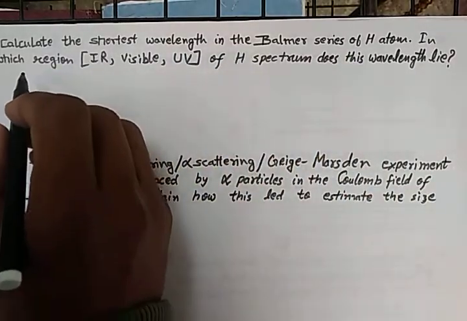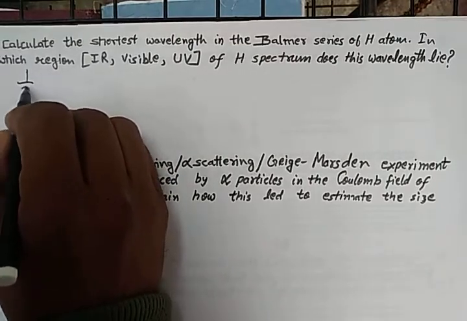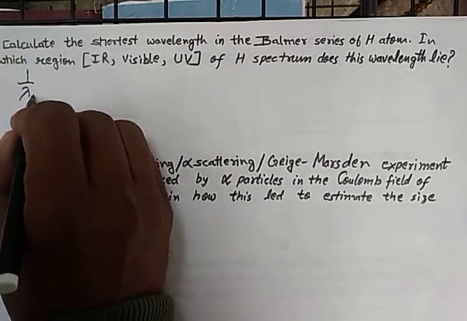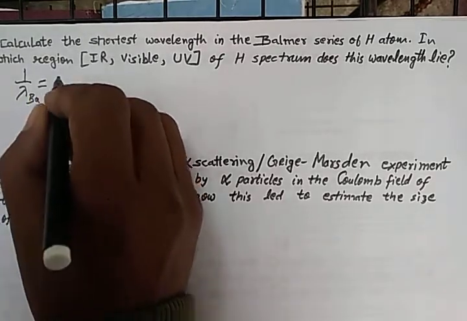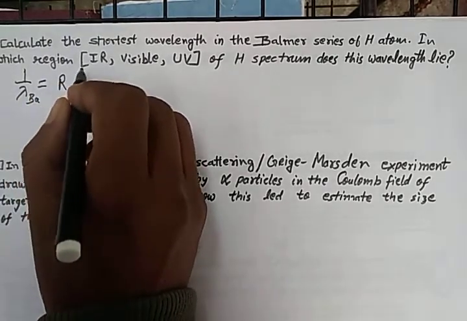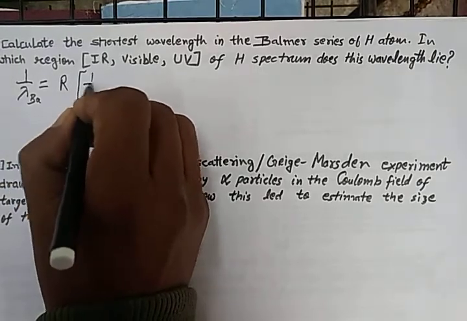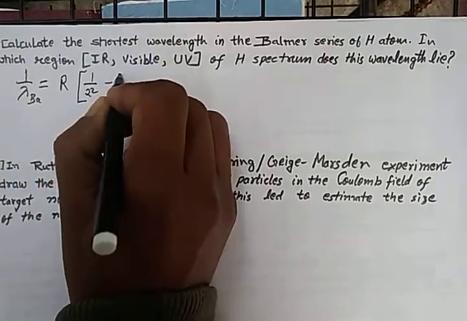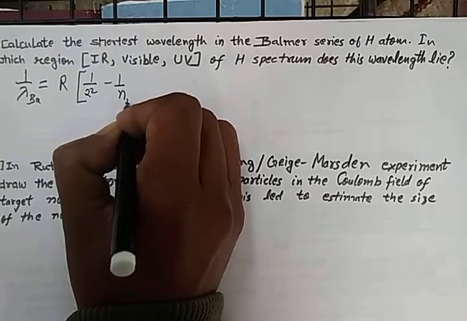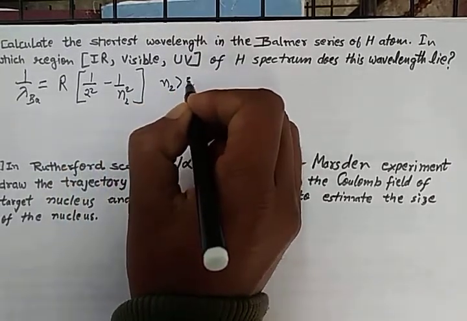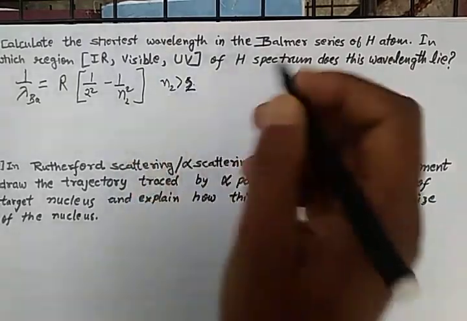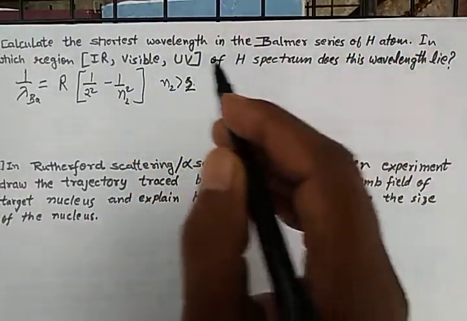So we know that for the Balmer series the formula is 1 upon lambda Balmer equal to R, where R is the Rydberg constant, times 1 upon 2 square minus 1 upon n2 square, where n2 is greater than 2. So it is 3, 4, 5 and so on.